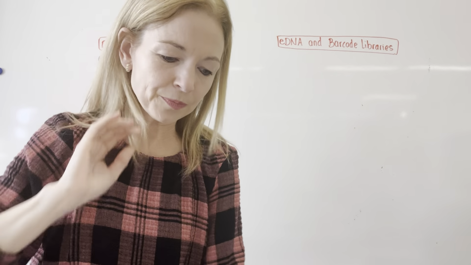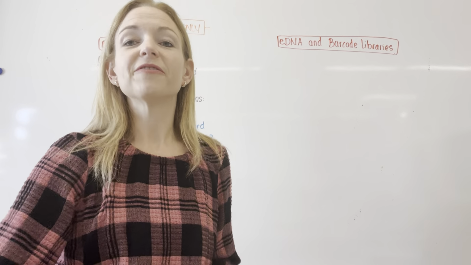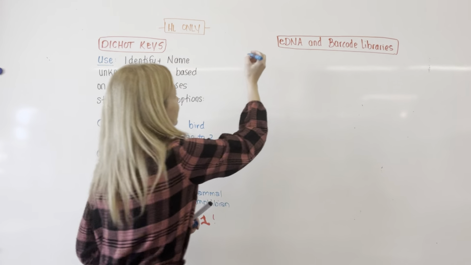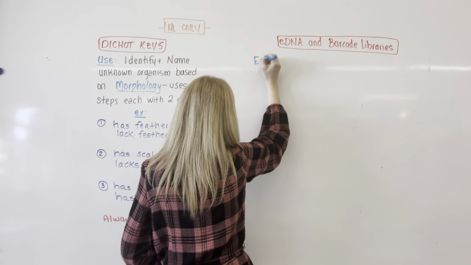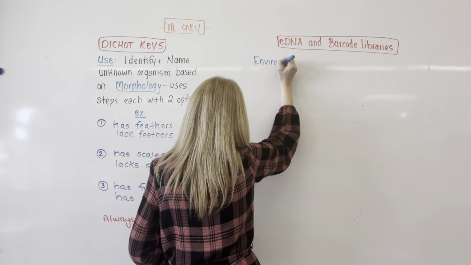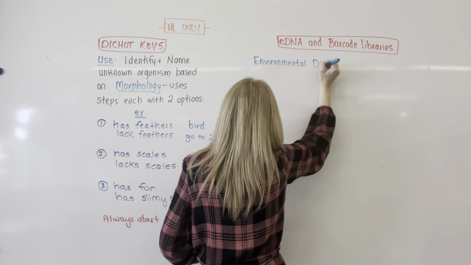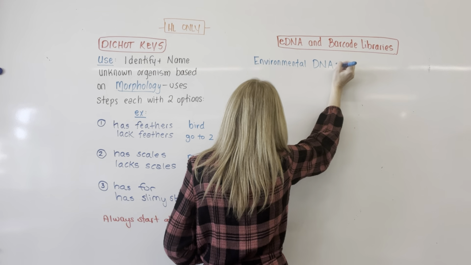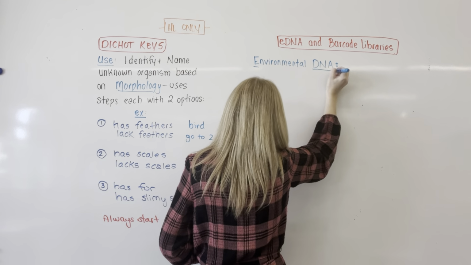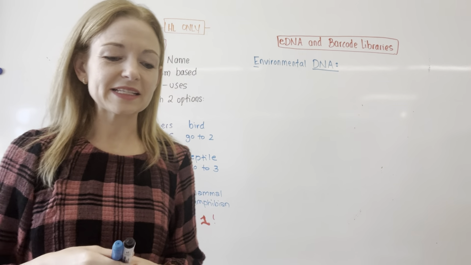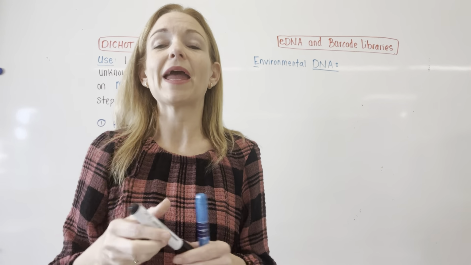Okay, so let's start with kind of defining eDNA. So eDNA stands for environmental DNA. And so environmental DNA is DNA that is gathered from a habitat.